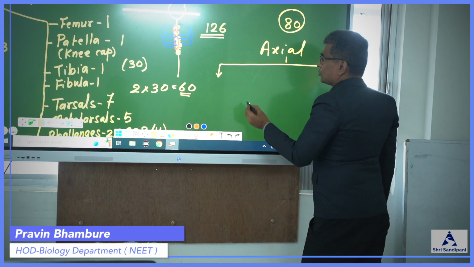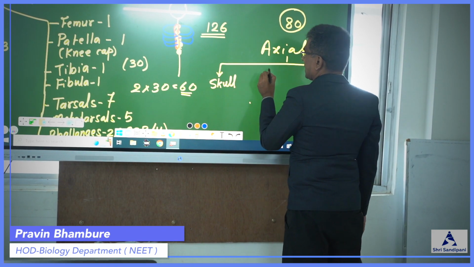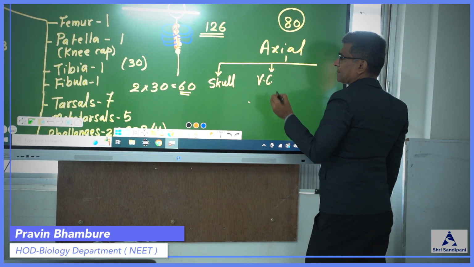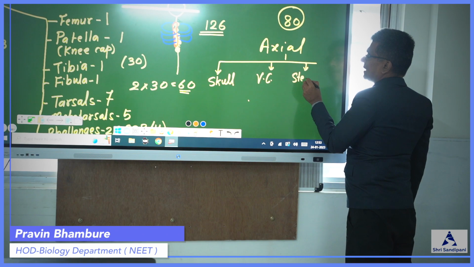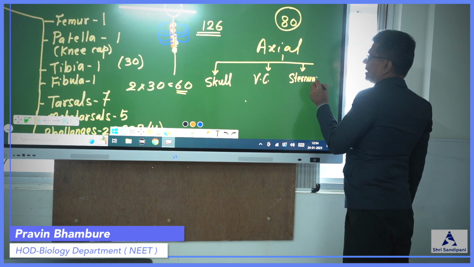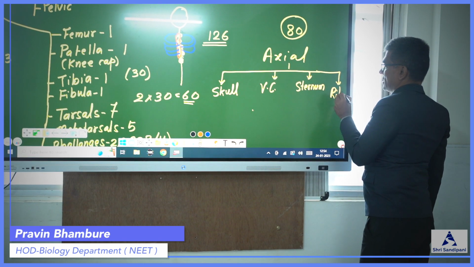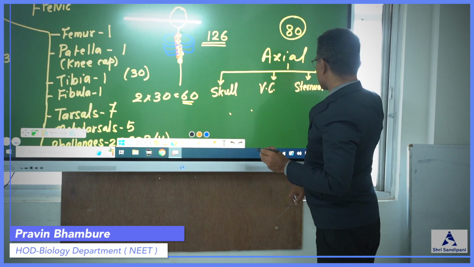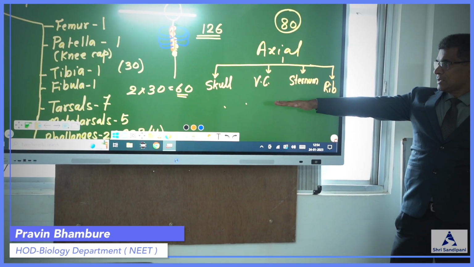So what I said: skull, then vertebral column, then sternum, that is the chest bone, and last the ribs. So this is what we are going to focus on in today's lecture.